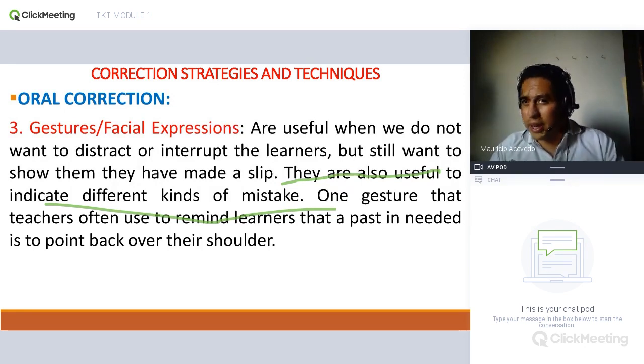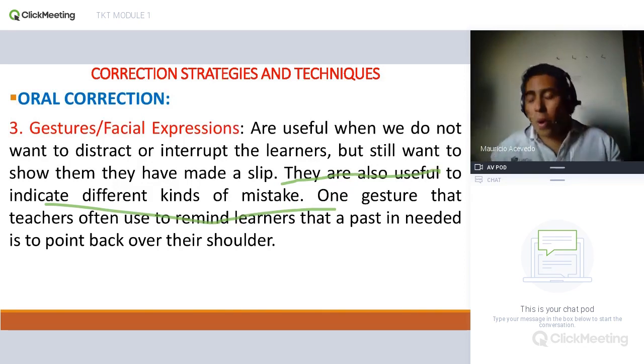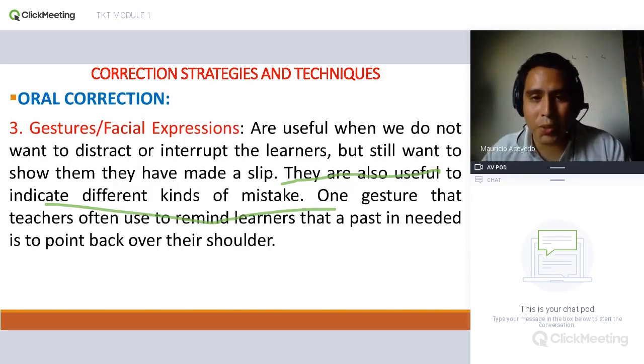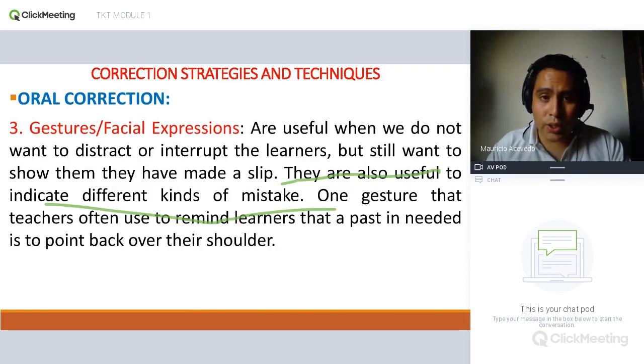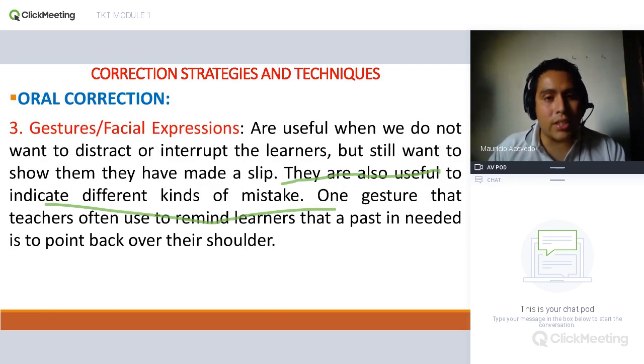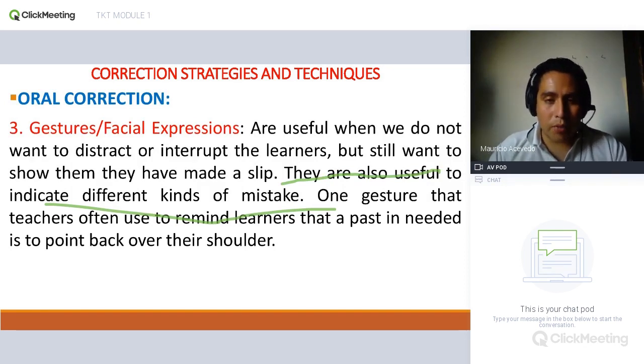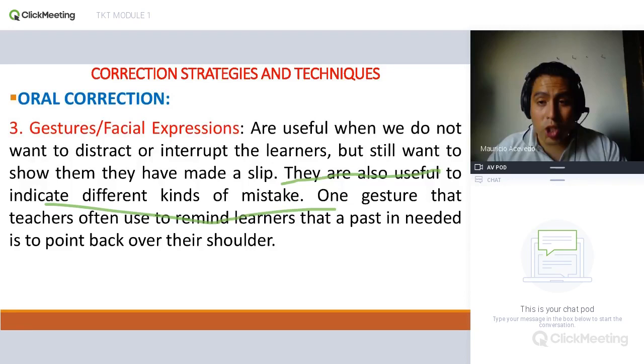And then you make a face like, okay, think about it, and so on. So there are many facial expressions, many gestures that you can use. Obviously that will depend on the class and the students too. So you can have many types of correction just by using your gestures.